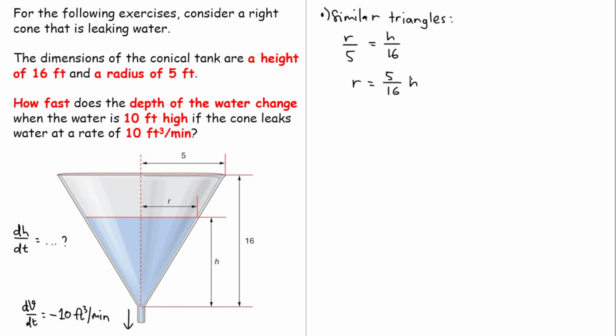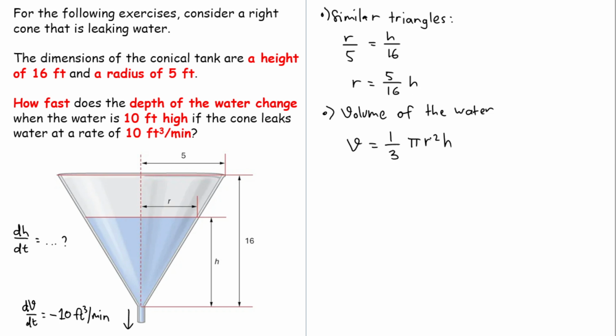Now, what is the volume of the water? So we need to find the volume of the water. We know that the water forms a cone, right? Because the tank here is also a cone. So we can use the formula of a cone. So the volume is 1/3, and then the base area, which is in this case a circle, area is pi r squared, multiplied by h, like this.